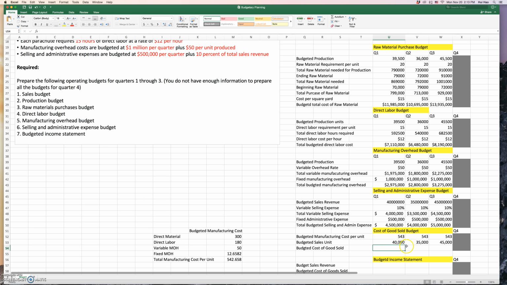So we know our unit cost per parachute, then we know our total sales units, so we can compute our budget cost of goods sold. This is for quarter one, it's a dollar amount.